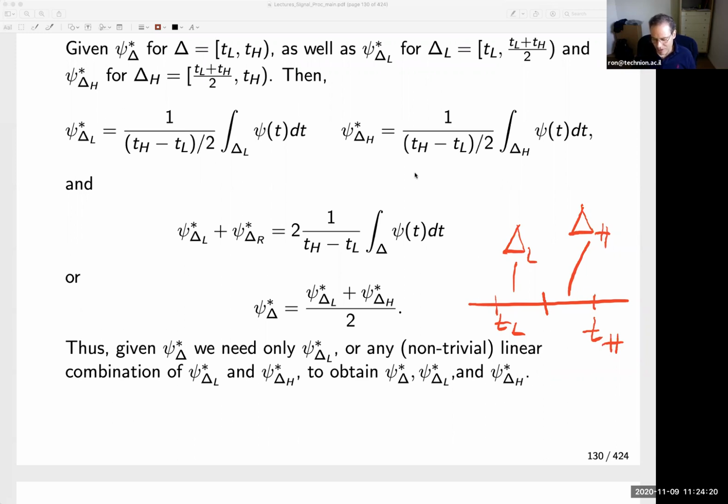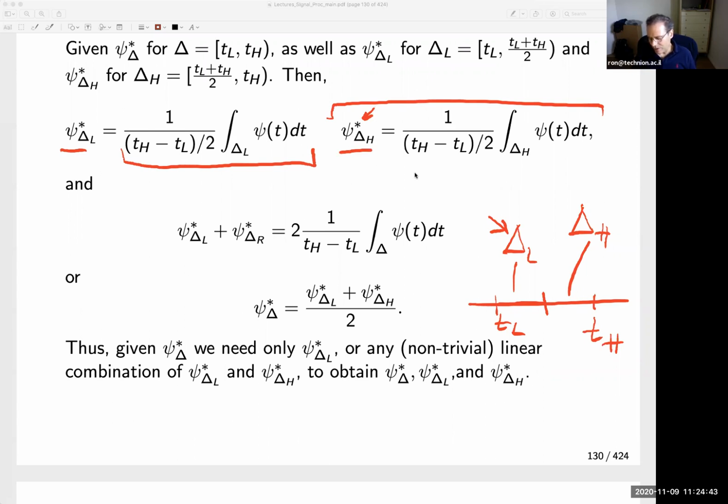And the question is how do we approximate the function? In fact, we can average the function at this interval, and we call it the optimal approximation of psi in the low interval. Here it's not conjugate, but rather optimal. And here, this would be my psi at the high interval, okay?